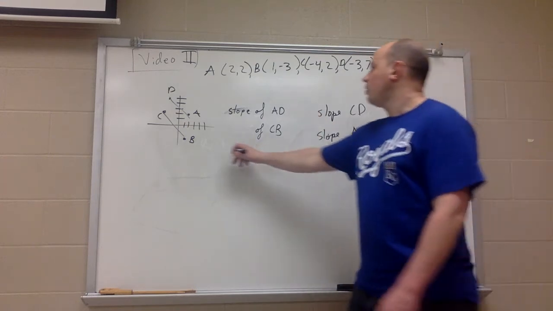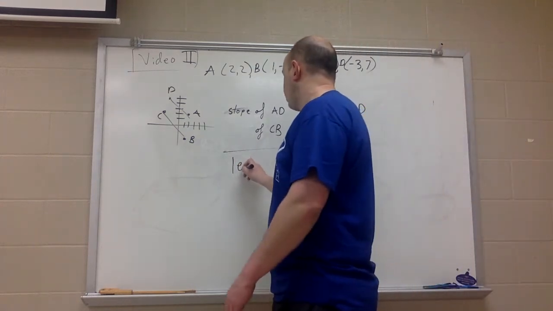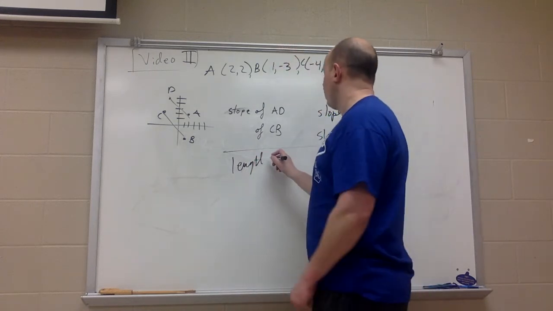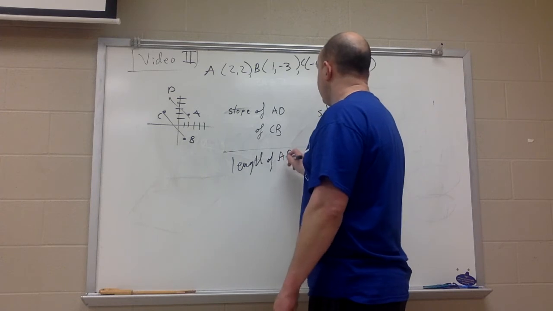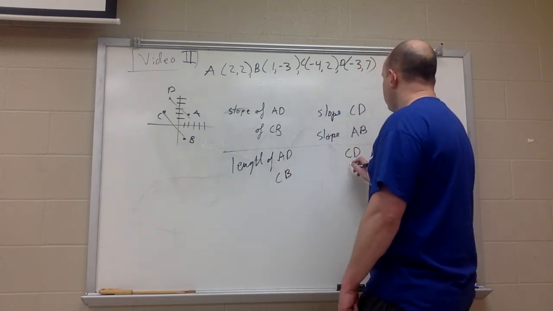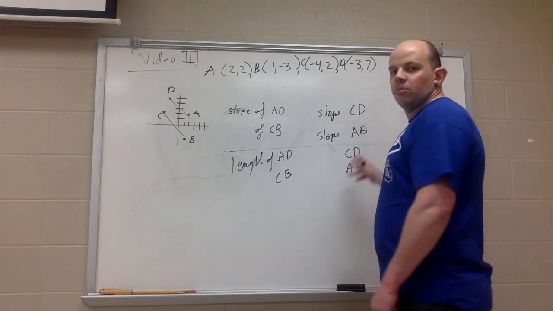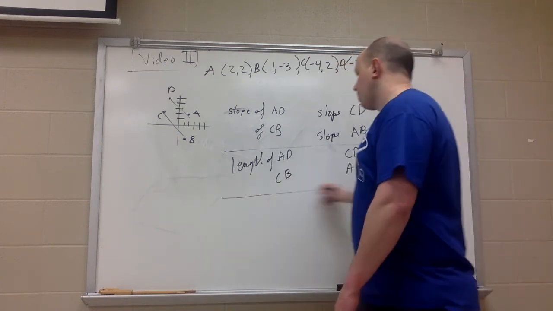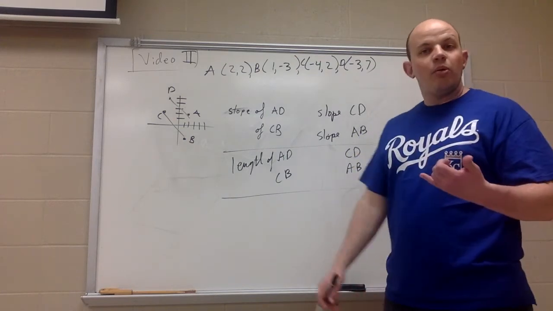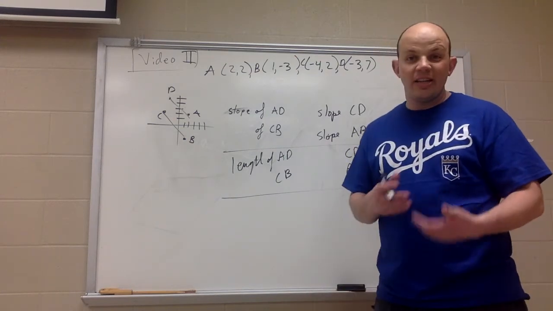So that works. You could find the length, aka distance, of AD and CB, and those should match. And the same thing, the distance of CD and AB, and these 2 should match. That will also work. Okay? And you could find the midpoint and the distance between the 2 to verify.